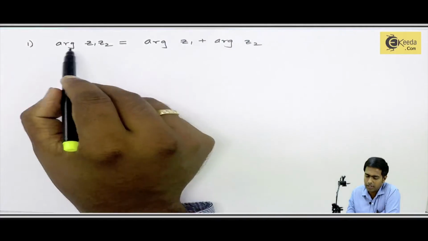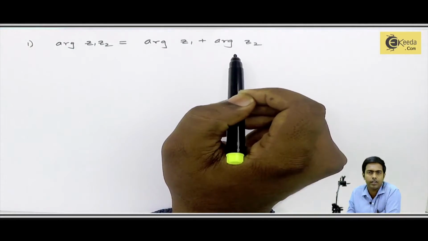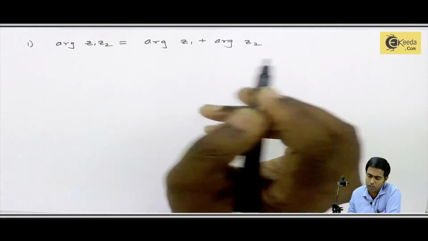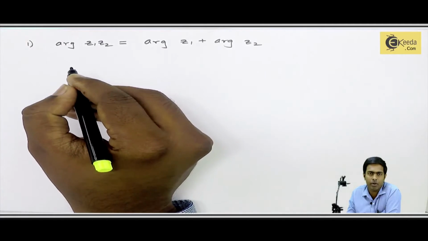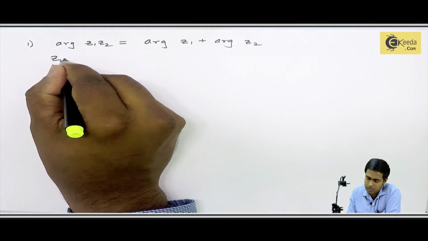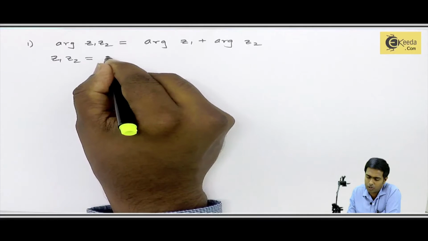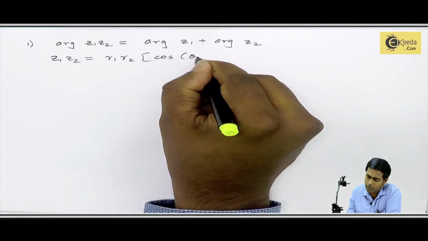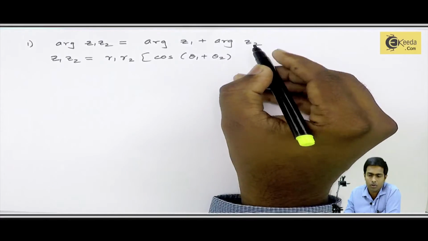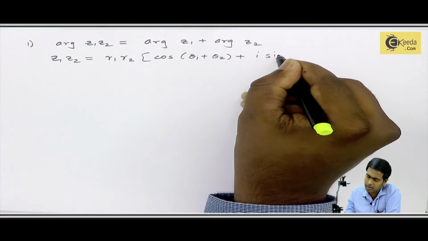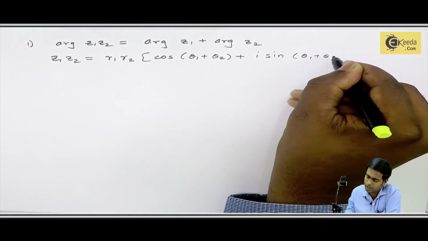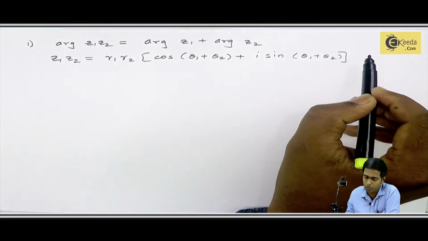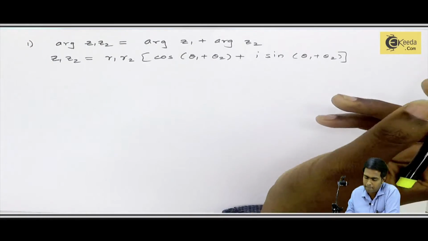To prove this result, we will need the result that we proved in the previous slide. In the previous slide, you must be remembering that we proved z1 into z2 is equal to r1 r2 into cos of theta 1 plus theta 2 plus i sin of theta 1 plus theta 2. So now we will use this result to prove this new result.